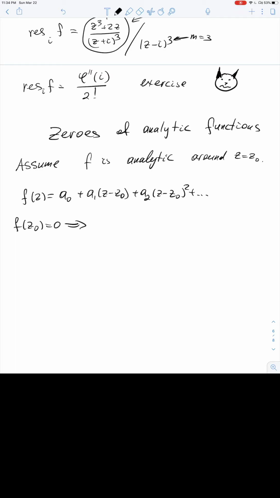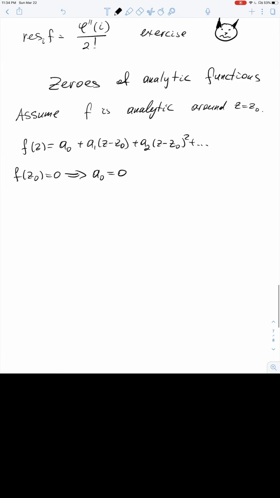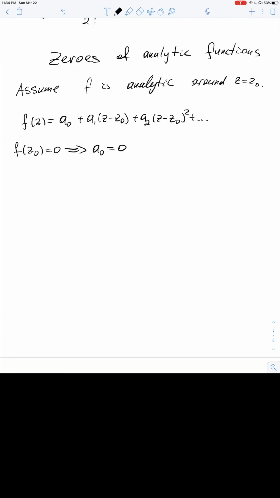In particular, this implies that a0 is 0. So this already means that we can factor z minus z0 out. If a0 is 0, the 0th term disappears, and we can factor z minus z0 out and get this.